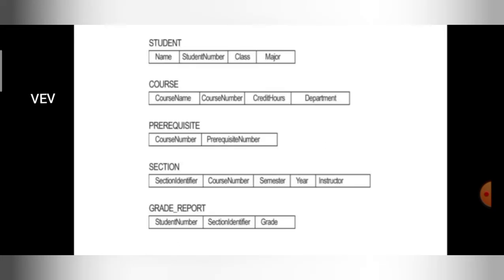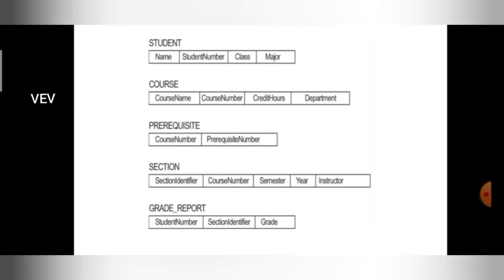So this is the example. See, student contains name, student number, class, major; course contains course name, course number. These details are in the form of diagrams, so this is called a schema diagram. If this information is in text, then it is a schema. If it is in a diagram, then it is a schema diagram. For example, I can convert this schema diagram back into a description.